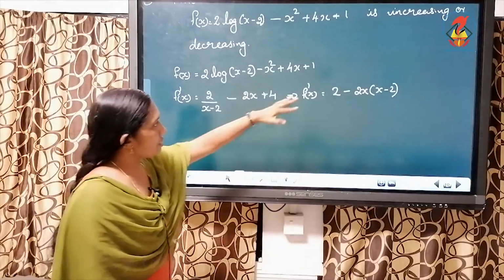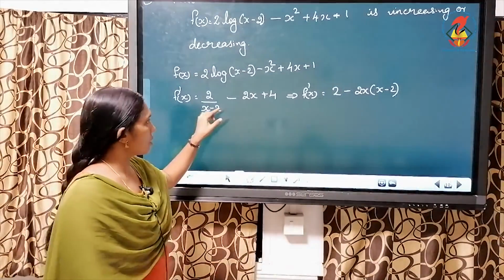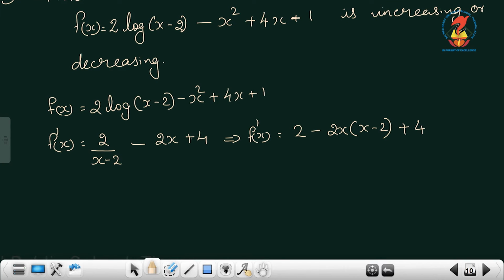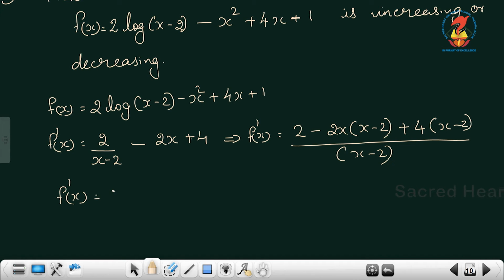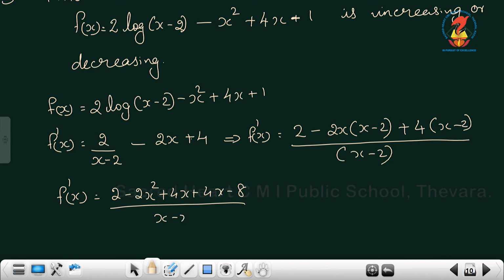In that previous step I put minus as common, that is wrong. So f dash x is equal to 2 minus 2x into x minus 2, then plus 4 into x minus 2, then whole divided by x minus 2. So f dash x is equal to 2 minus 2x square plus 4x plus 4x minus 8, over x minus 2, which equals minus 2x square plus 8x minus 6 by x minus 2.